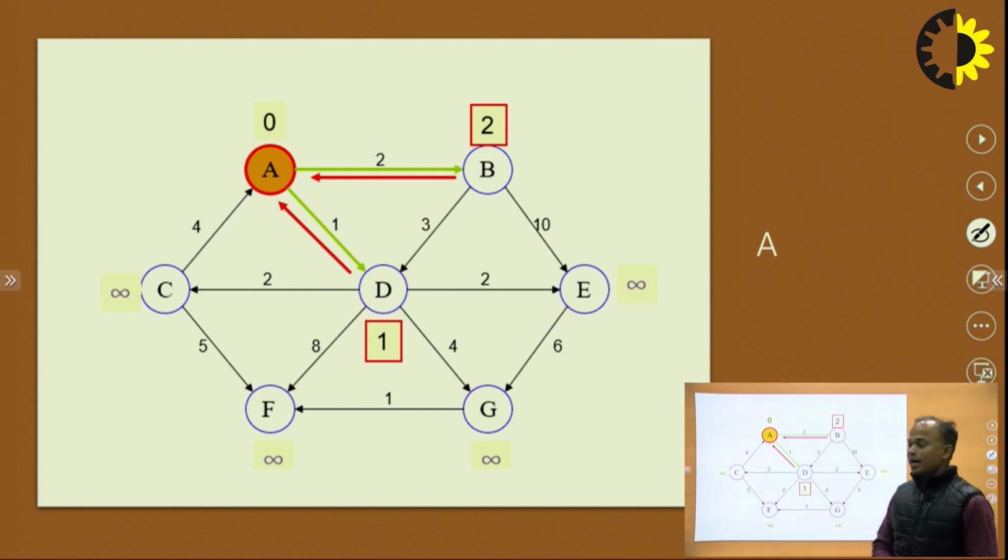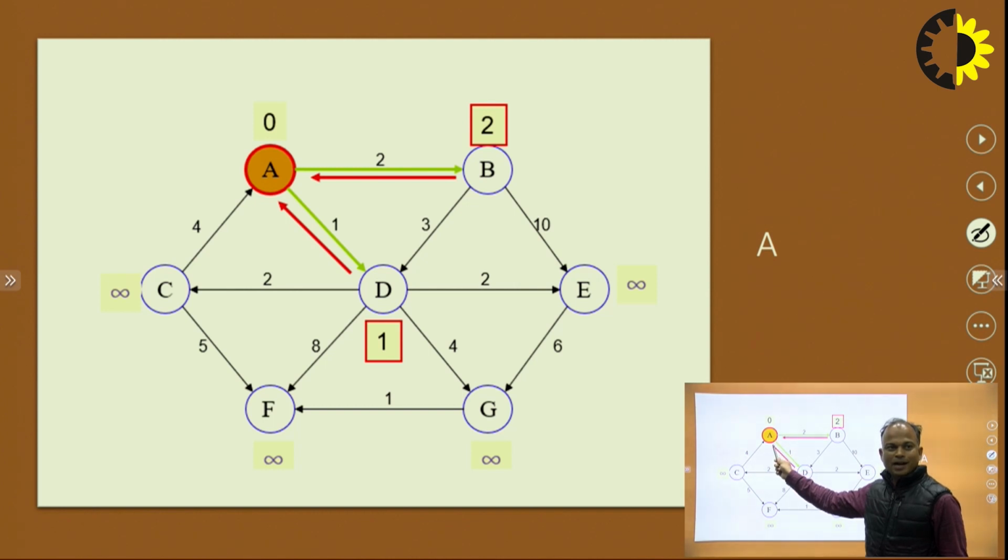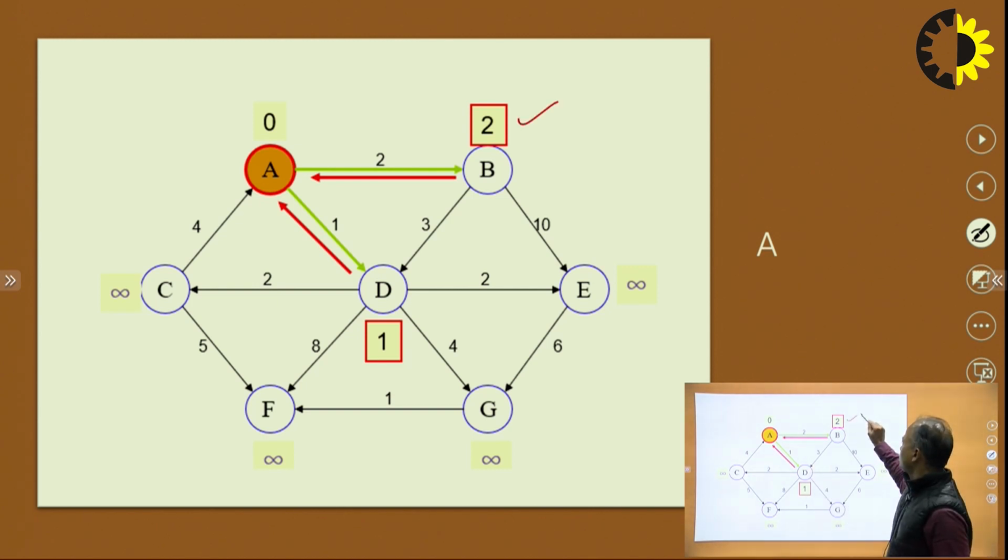Now we are at A here, and the adjacents of A are B and D. From A to B we can reach, from A to D we can reach. So they are the two adjacents of A, which are B and D, and the distance traveled from A to B is 2, and from A to D it is 1.